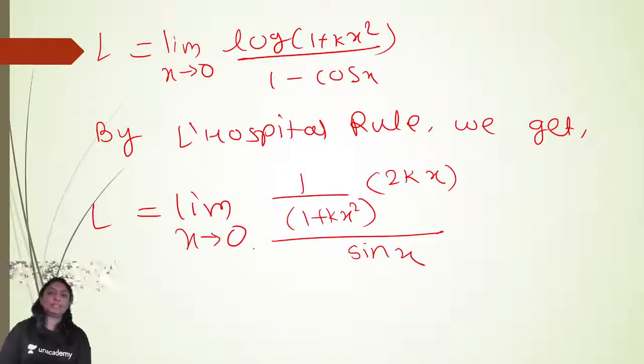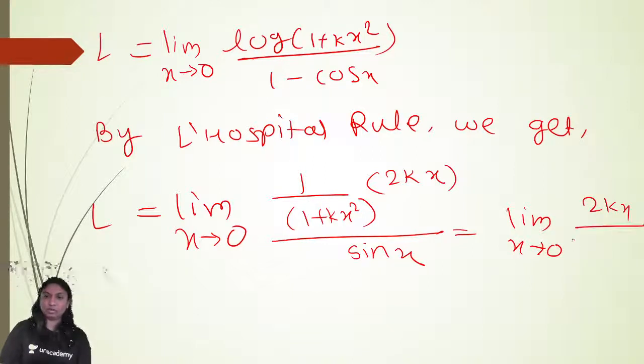So put limit as x tends to 0. While putting limit as x tends to 0, it is nothing but limit as x tends to 0, 2kx upon 1 plus kx square into sin x. Right?